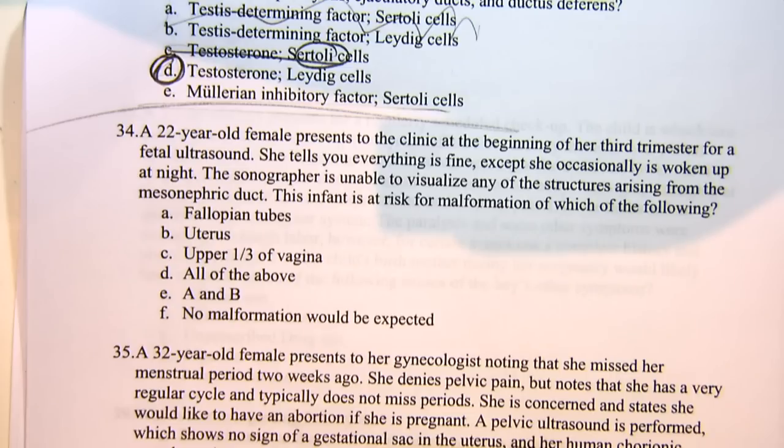So with our mesonephric duct, what does that produce? Like, what does it eventually get turned into? That one will commit to male organs, right? Like I have epididymis, vas deferens, and seminal vesicle.